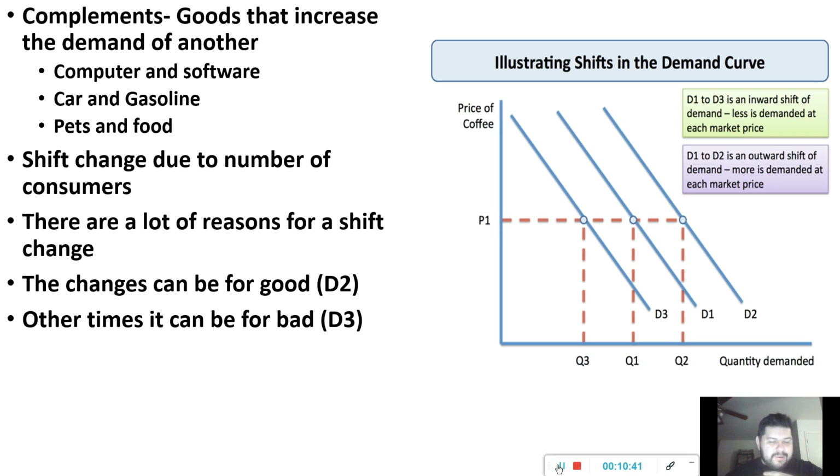Okay, so that's basically that part. And again, remember, to the right is good, to the left is bad. So if you look at that chart versus D1, that's normal, right? Say that one's the middle one, normal. D2 is good. D3 is bad.